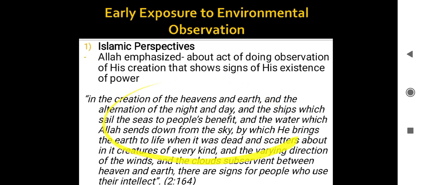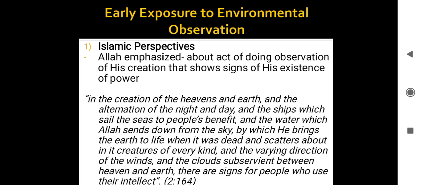So here Allah explained about His creation. For example, the creation of the heavens, right? And then the creation of the earth. Now Allah also asked us to look at the alternation, the changing of night and day. And then Allah also emphasizes that we observe ships which sail in the sea.